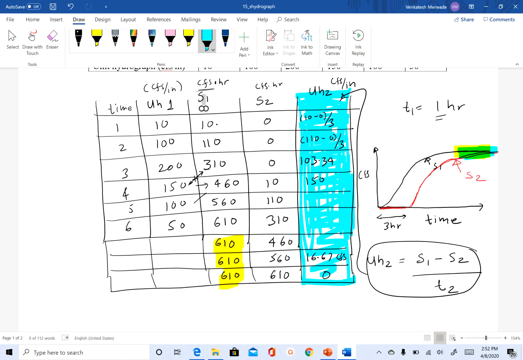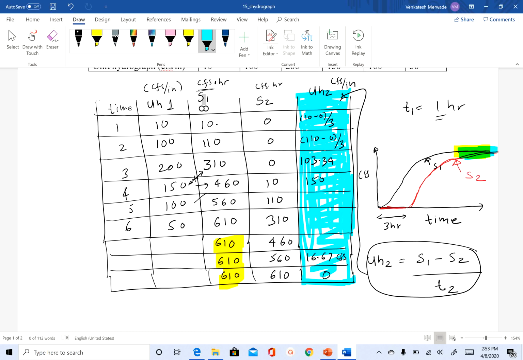Again, I want to emphasize that in this S1 column we had T1 equal to 1 hour, so we simply added these values. If T1 was different, you would add these numbers, accumulate them, and multiply with the time duration of the first unit hydrograph. Since the time duration of our first unit hydrograph was 1, the time factor doesn't really show up in S1.